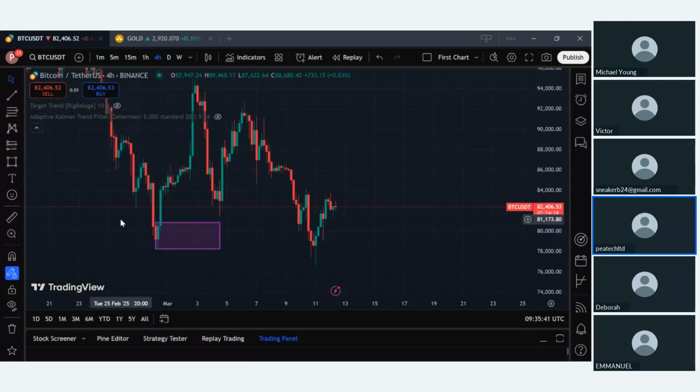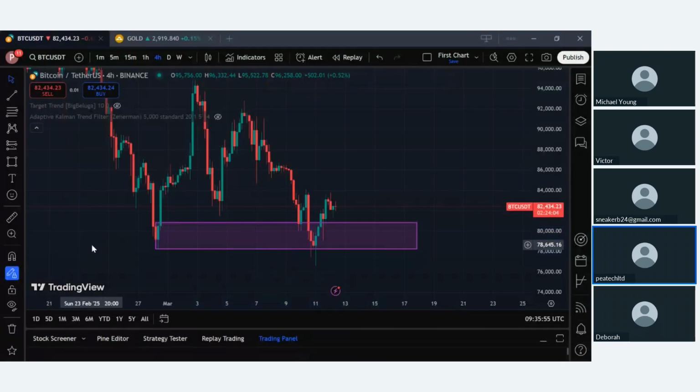Hold on. So now you see this point, this green candle, it was the last candle before this fat move, right? So now what we want to do is mark this zone and wait for the market to return to it.